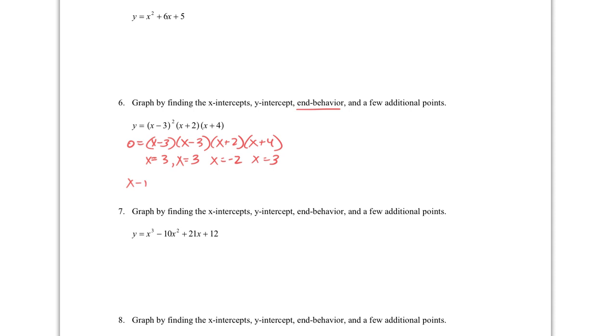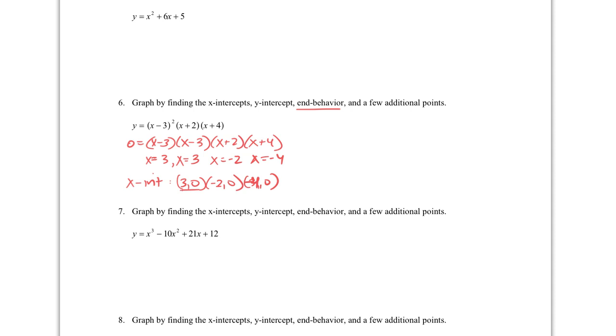So my x-intercepts, I know, are going to be (3, 0), (-2, 0), and (3, 0). Oh, I don't know what I was thinking over here. Sorry, guys, this is -4. I don't know where that came from. And so it's going to be (-4, 0). Okay, so those are my x-intercepts, and yes, there's multiplicity.